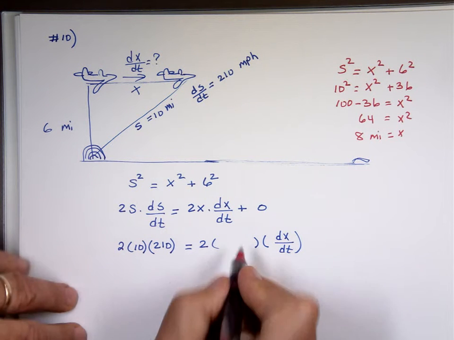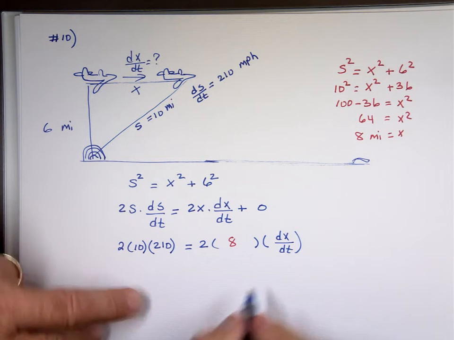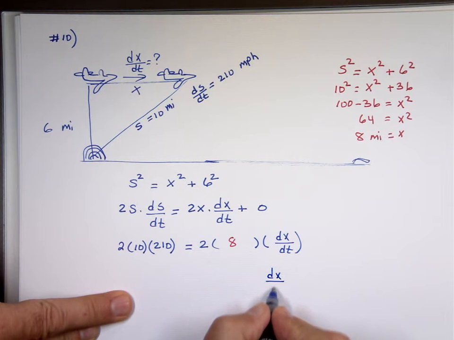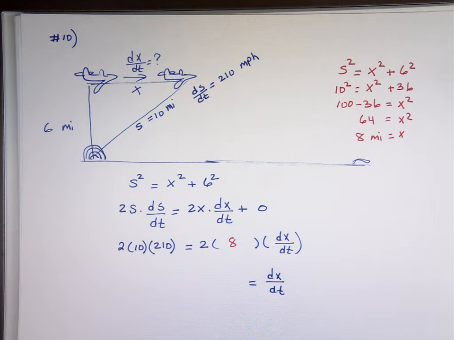So I can put 8 here, and now I get dx/dt. 20 times 210, divided by 16.